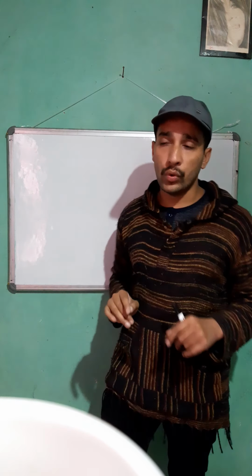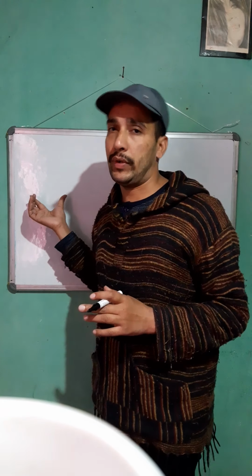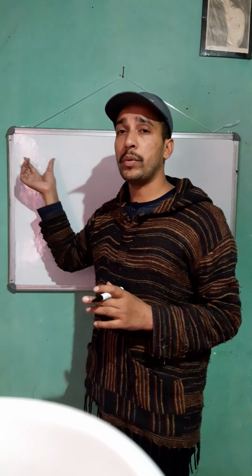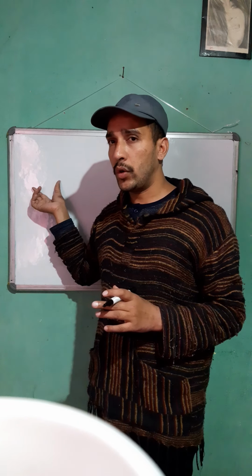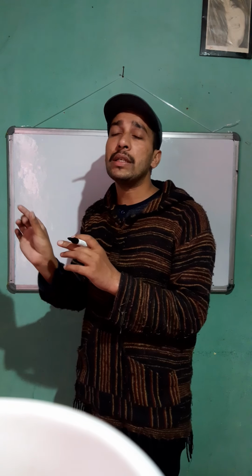And reason number 2 is that the elements of the same family could not be kept in a triad by using Dobereiner's law. There are some elements which have similar physical and chemical properties, but Dobereiner could not keep these elements within the same triad.